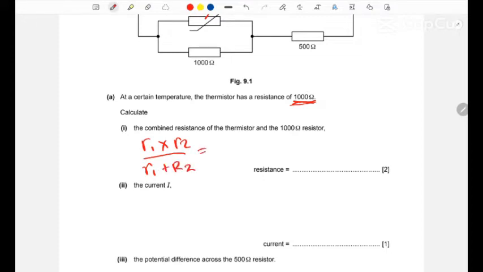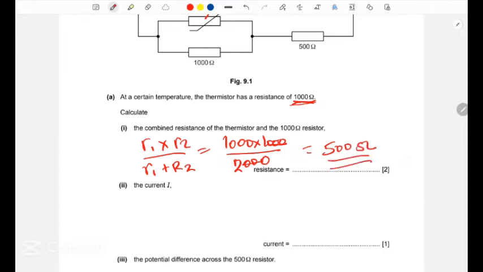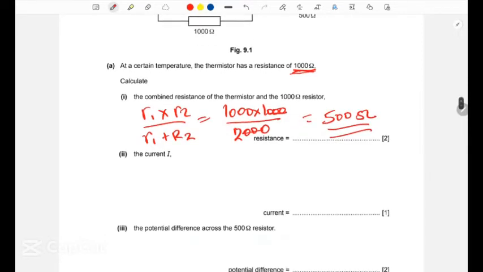That's the formula when resistors are in parallel. So it's going to be 1000 times 1000 over 1000 plus 1000, that's 2000. So we can cancel out the 2 zeros. So 1000 over 2 is going to be 500 ohms. That's our answer.